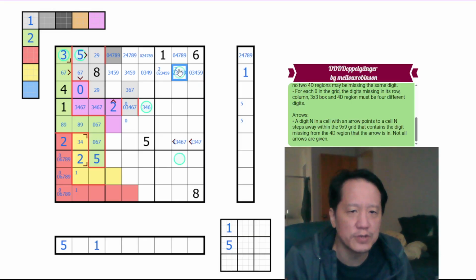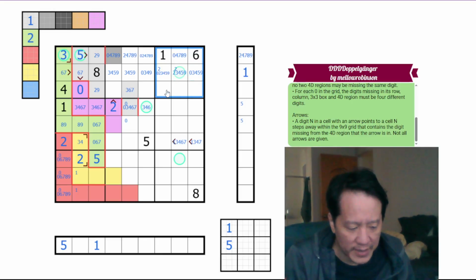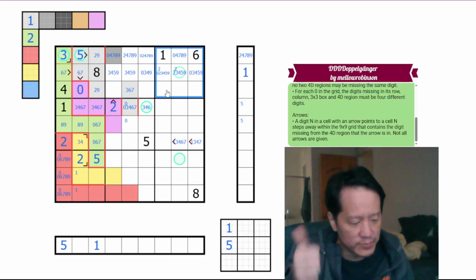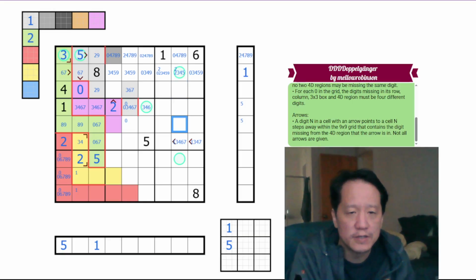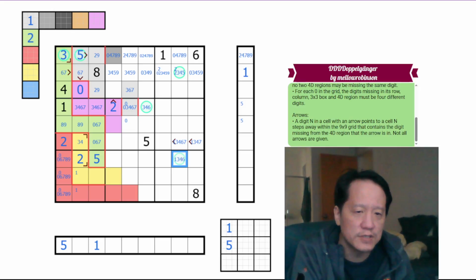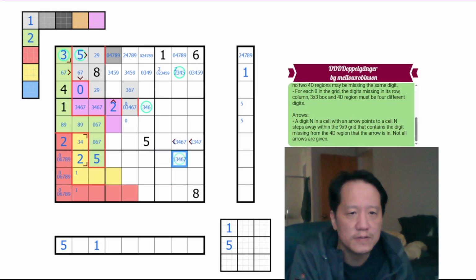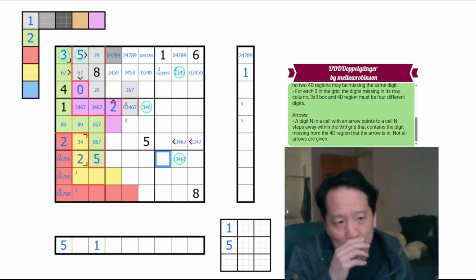None of the circles can be 9 because that means the region matches the box, and the 0 in the region would be missing the same digit in the box and the region. So this can't be 9. This can't be 9 for the same reason. It could be 1, 3, 4, 6, or 7. Okay.